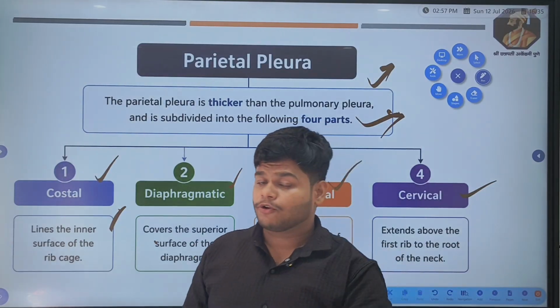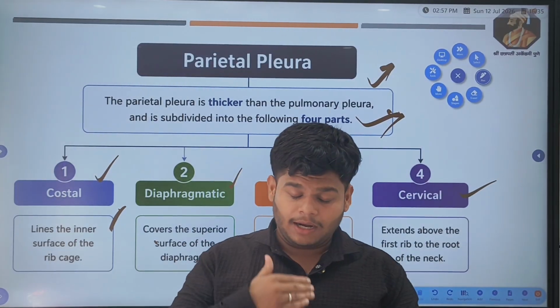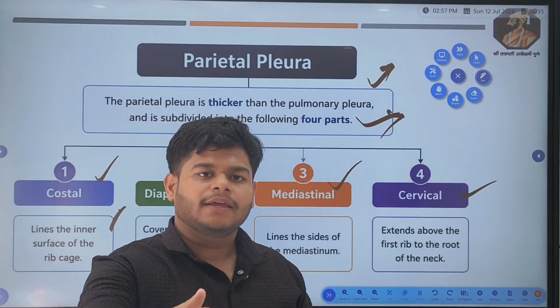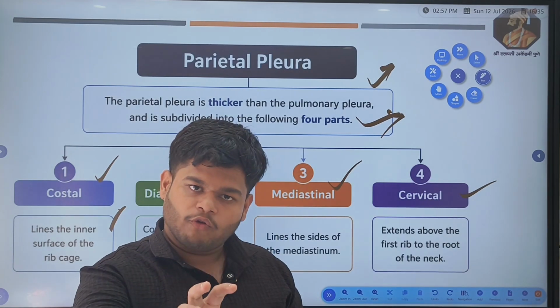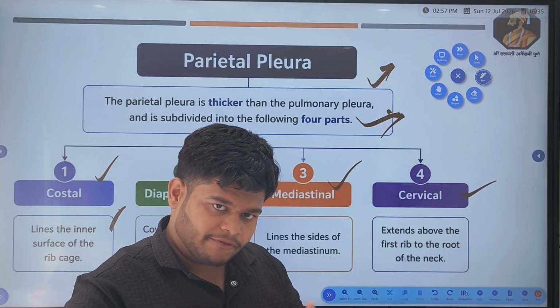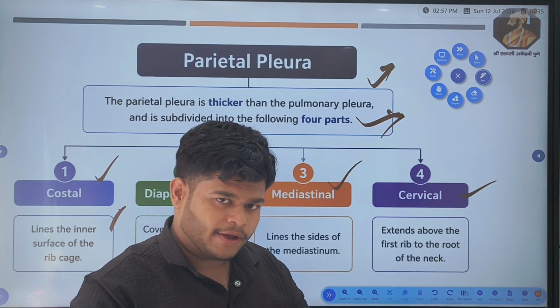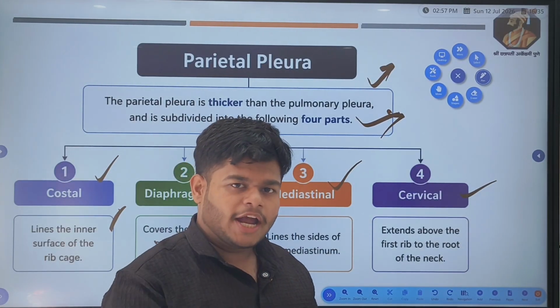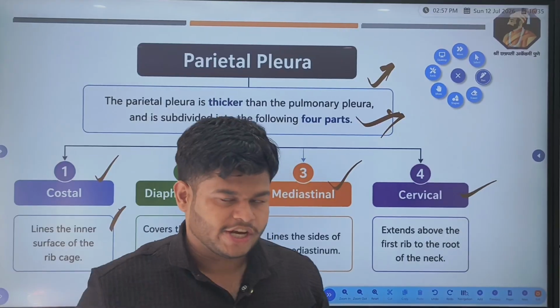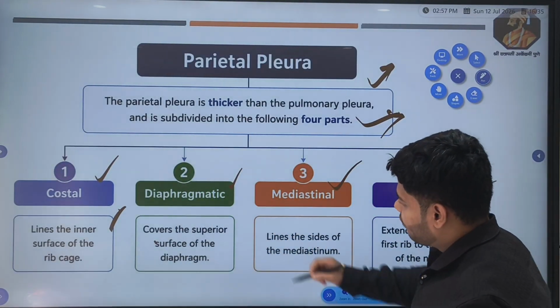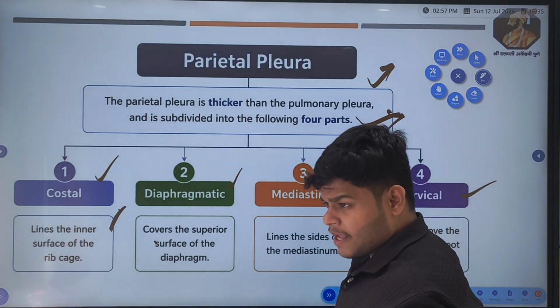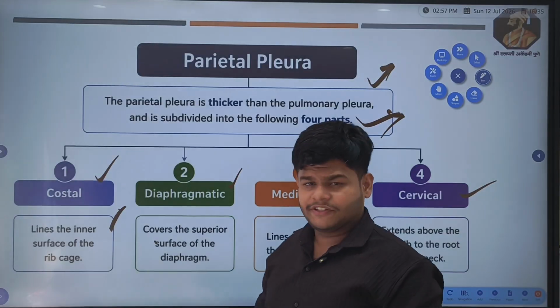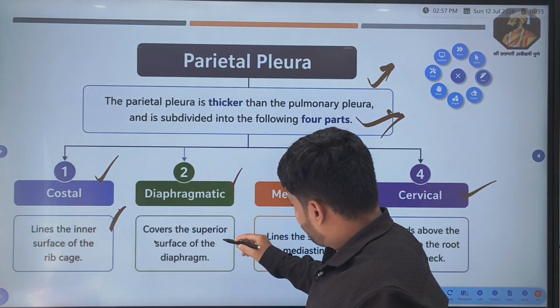Mark it, it is an MCQ question, that the costal pleura and the thoracic wall are connected with each other with the help of areolar connective tissue called the endothoracic fascia.